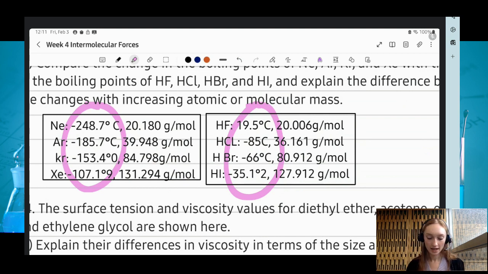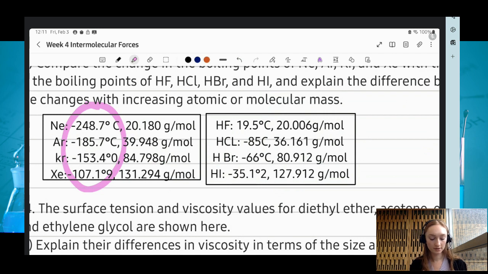That's a big difference. And the reason it's so much different is because of the boiling points on the right with all these hydrogens, the HF, HCl, HBr, HI. These have stronger bonding than the noble gases, because they're not just dispersion forces.